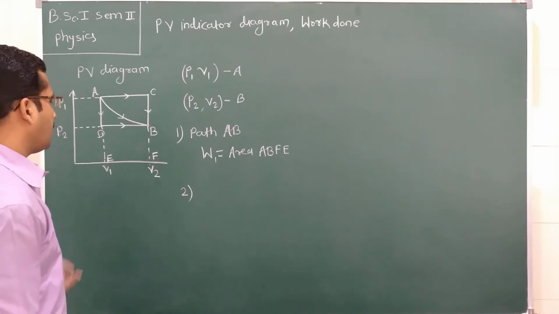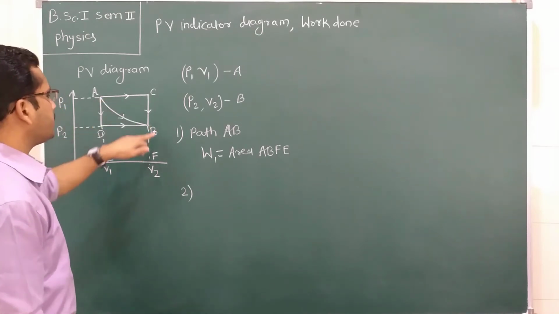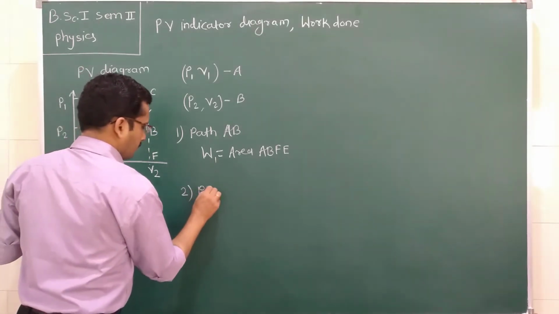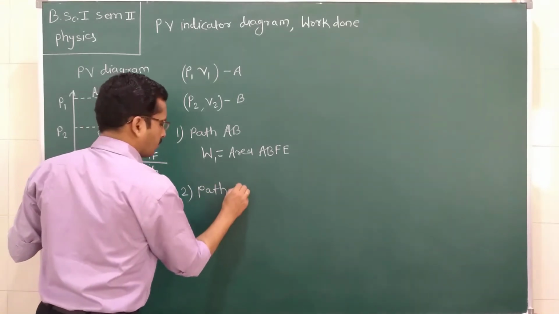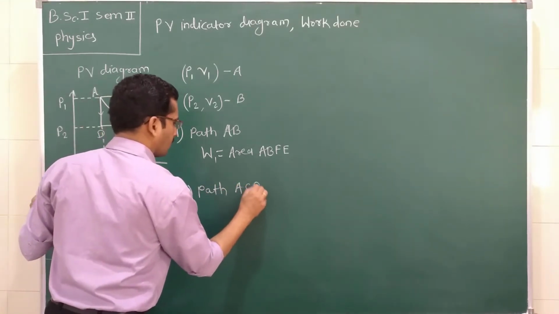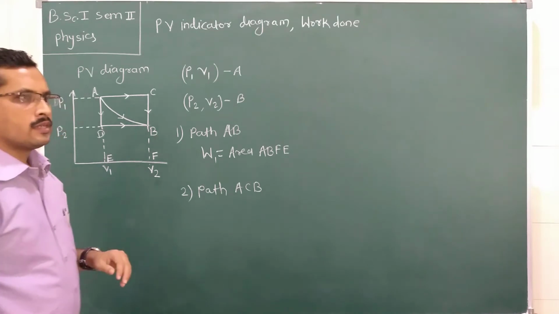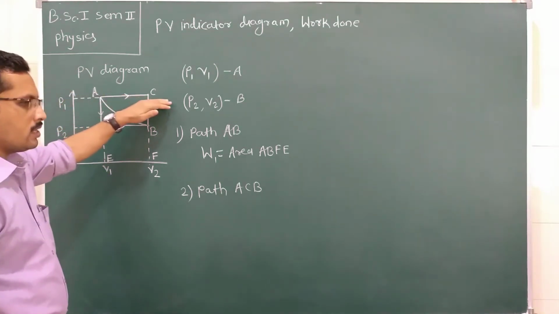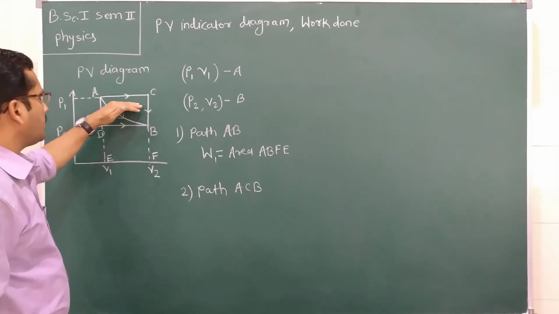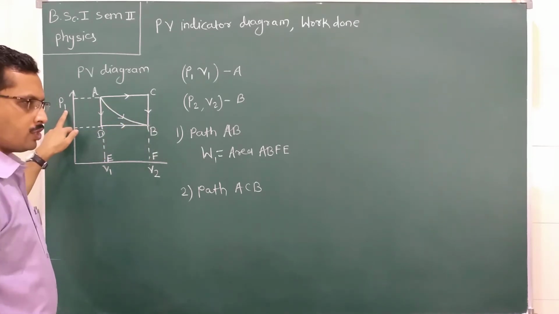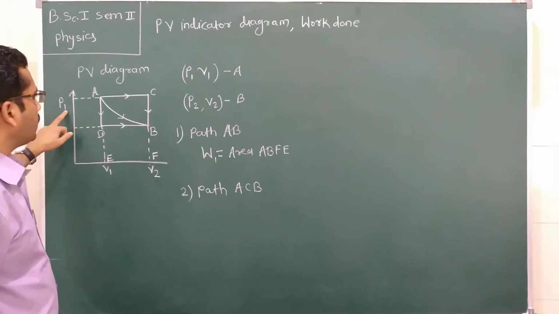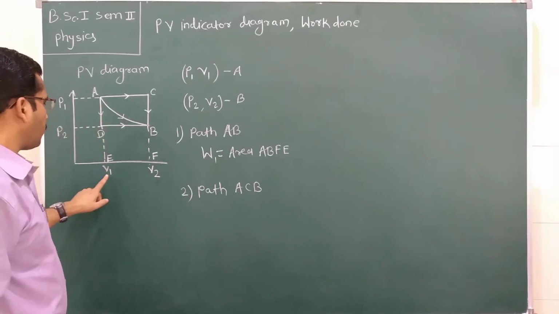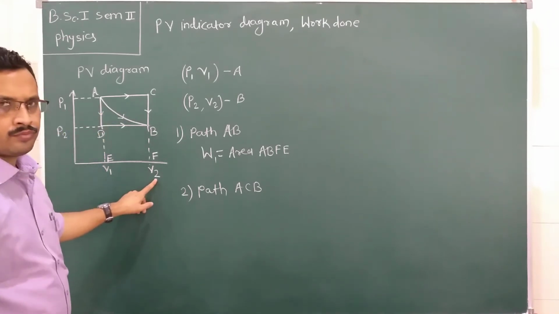Okay, now we are moving towards the second path, and the second path is ACB. In this case, first of all, the system changes from A to C, and during this change the pressure remains constant, but the volume increases from V1 to V2.